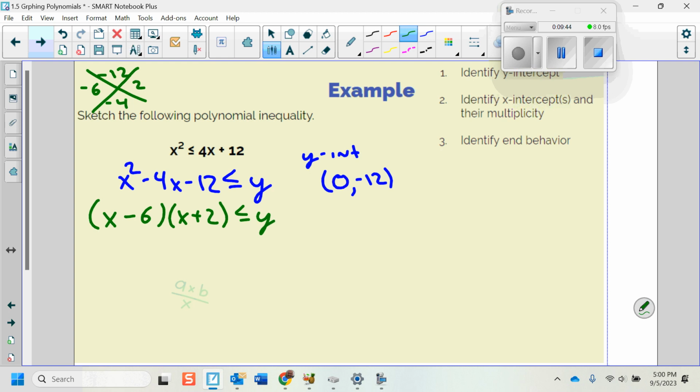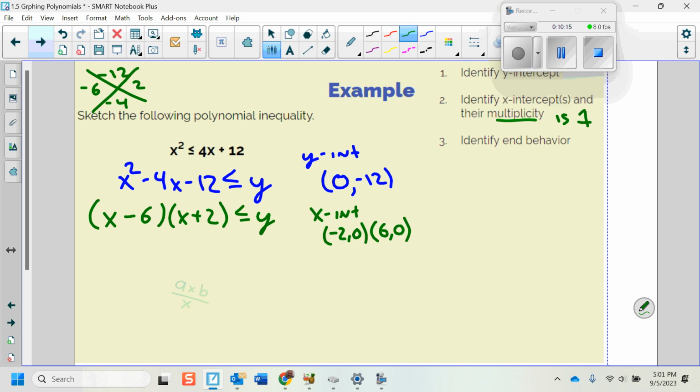So my x-intercepts would be -2, 0, and 6, 0. So I have my x-intercepts, my y-intercept. Notice their multiplicity here again is still 1 for both of them. And then identify the end behavior.